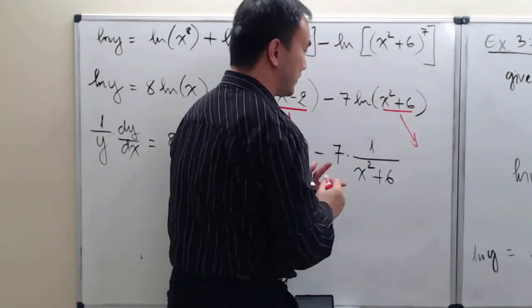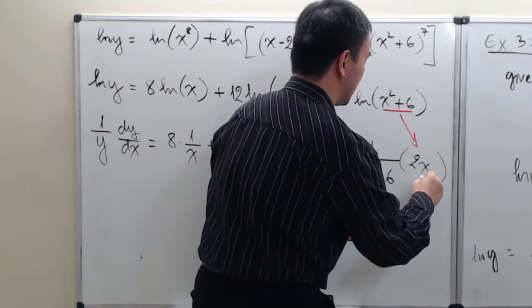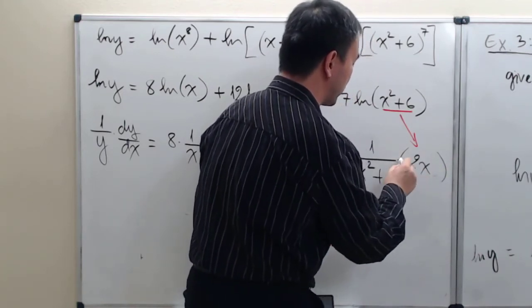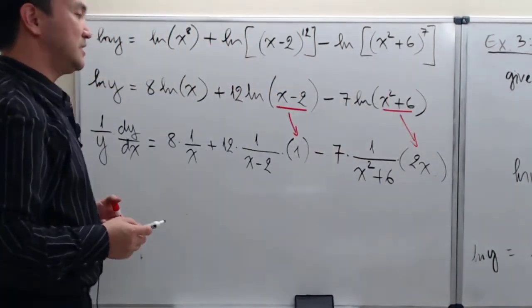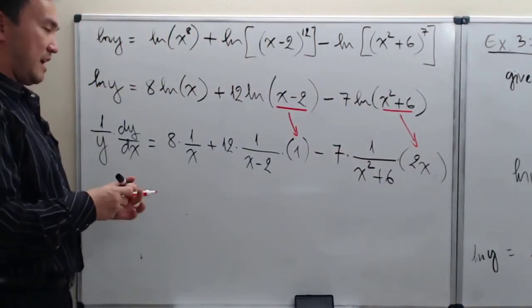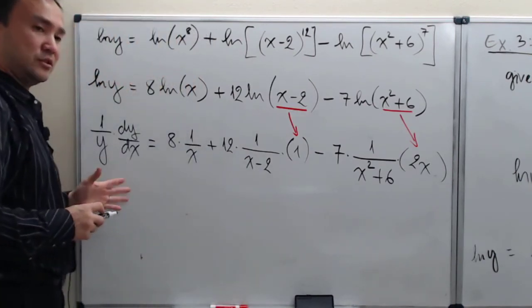The derivative of x squared plus 6 is going to be 2x. According to the chain rule, we need to multiply the derivative of the outside by the derivative of the inside. All right. But now at this point, we have successfully found our implicit derivatives.